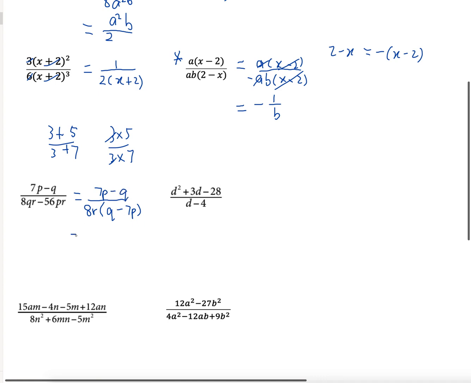Therefore, we need to take out the sign and switch the position of the terms. When we take out the sign, we put it right in front. So now we can cancel, giving us negative 1 over 8r.